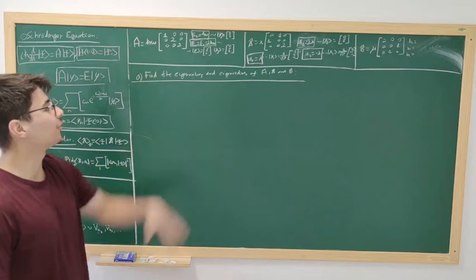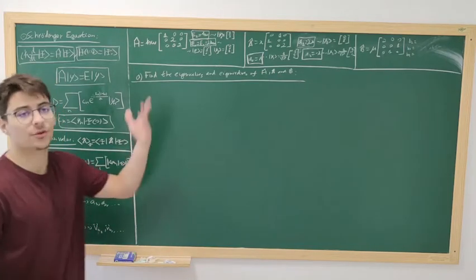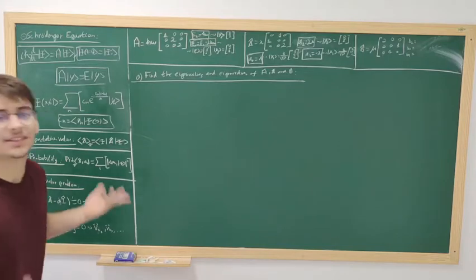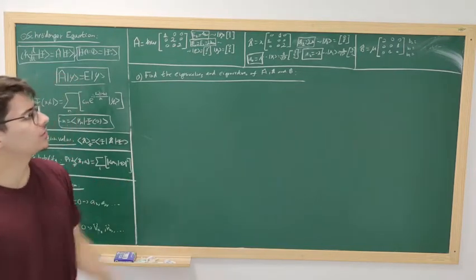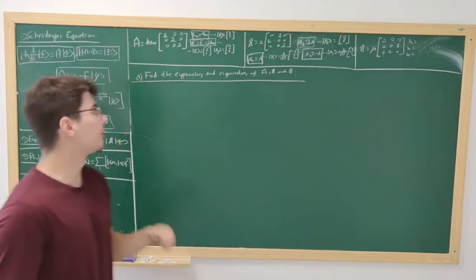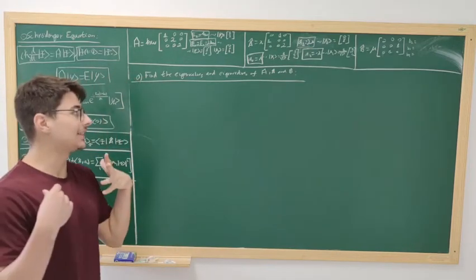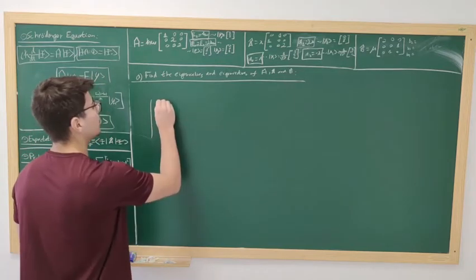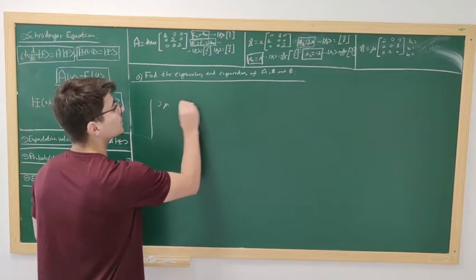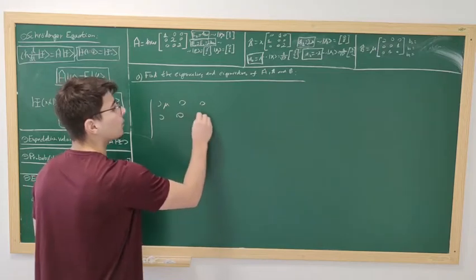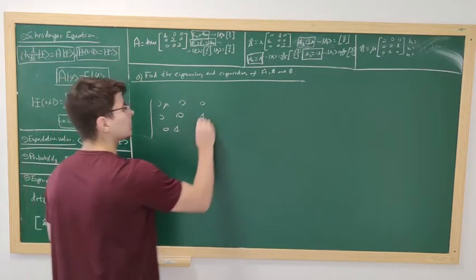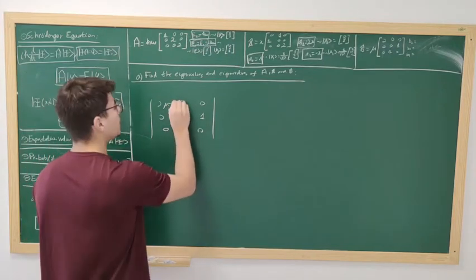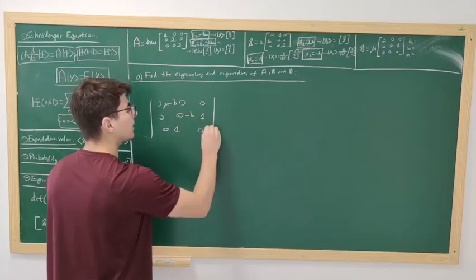I decided to organize it like this so we have more space, and I also re-rolled everything so you can see it a little bit better. So we were dealing with the B operator, and we are to find the eigenvalues and eigenvectors. Just really quickly, we have 2 mu, 0, 0, 0, 0, 1, 0, 1, 0, and we have to subtract some b here and here.